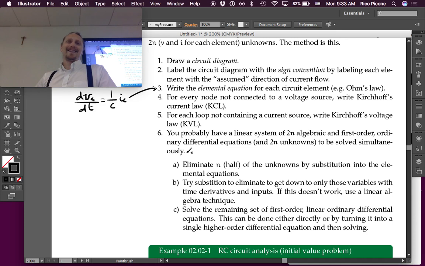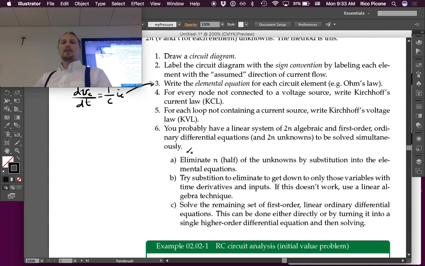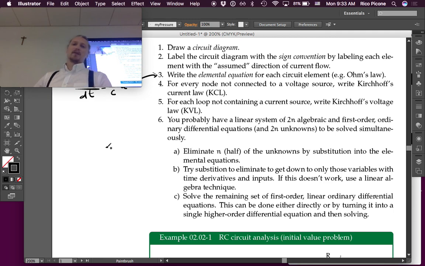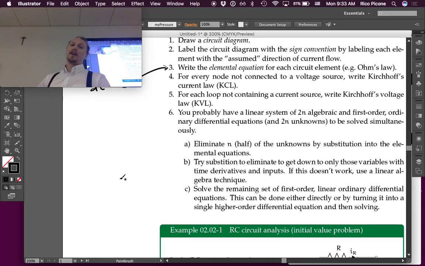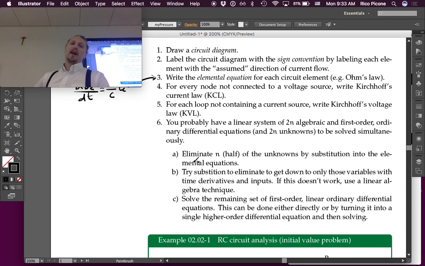Yeah, that's right. So you probably have this situation where you have 2n algebraic and differential equations, and you need to solve them simultaneously. So step A works every time, assuming you've got the system. Eliminate n, or half of the unknowns, by substitution into the elemental equations.